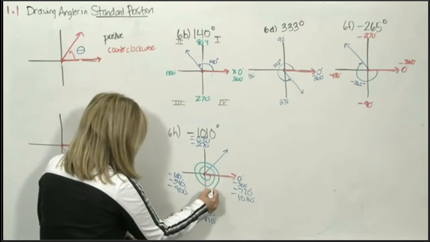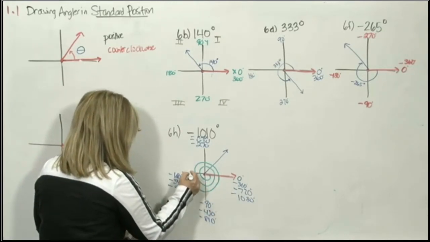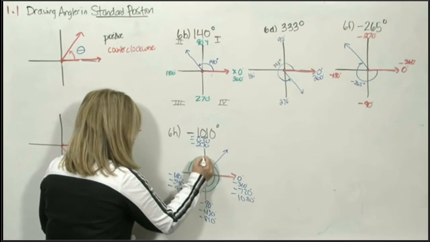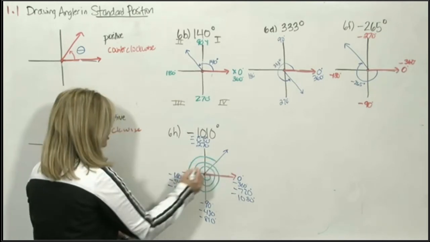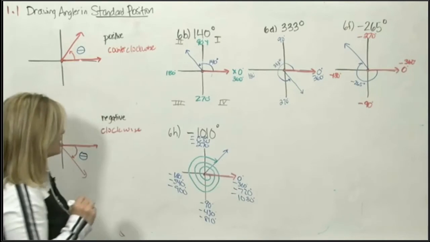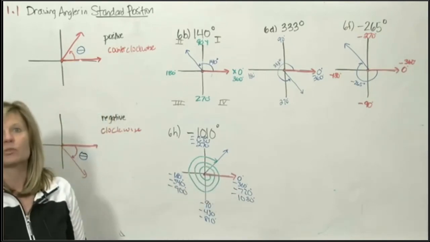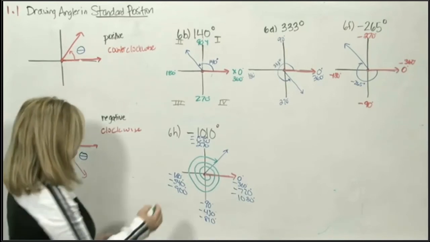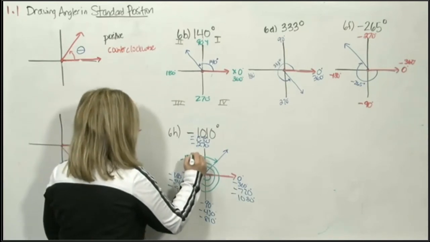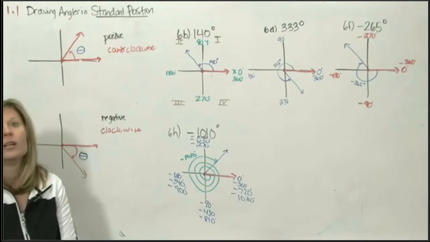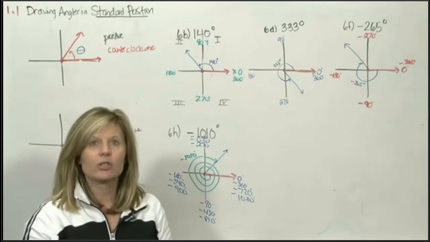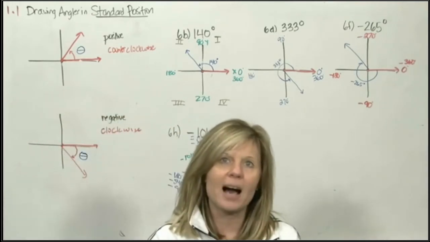From negative 720, it was negative 810, negative 900, negative 990, and that's where you got to the negative 1010. So I should see all those rotations, those spirals. If I don't, then you graphed it incorrectly. I'll label it.